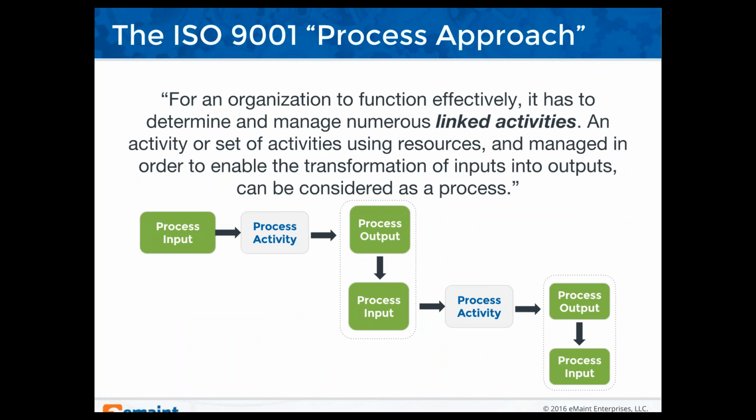Another visual of this process approach. For an organization to function effectively, it has to determine and manage numerous linked activities. We have lots of linked activities within our business in terms of CMMS implementation. An activity or a set of activities using resources and managed in order to enable the transformation of inputs into outputs can be considered as a process.